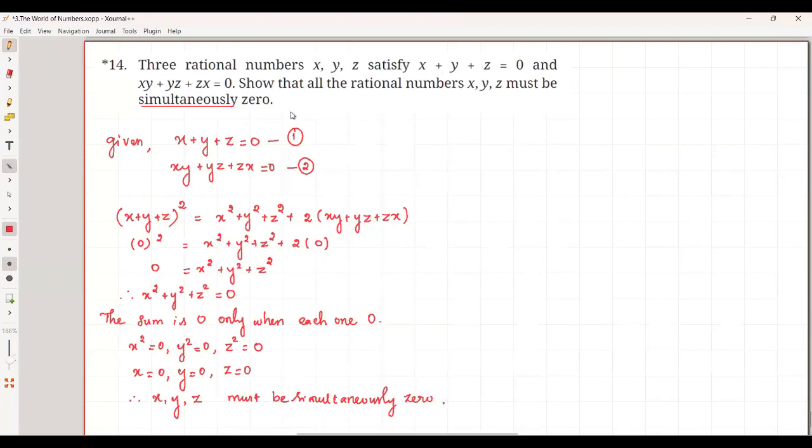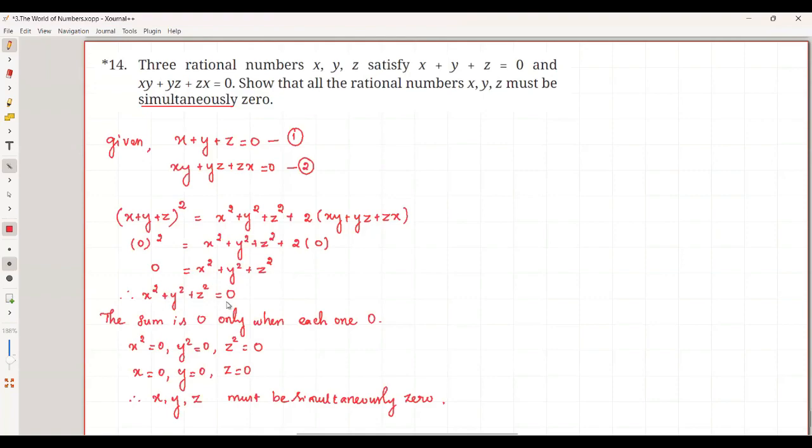Once again, what is the given condition? x plus y plus z is equal to 0 is given, and xy plus yz plus zx is equal to 0 is given. We are just taking the two equations and using the algebraic identity formula. In the formula, you substitute 0 in place of x plus y plus z, and 0 in place of xy plus yz plus zx. Simplified, you get this.